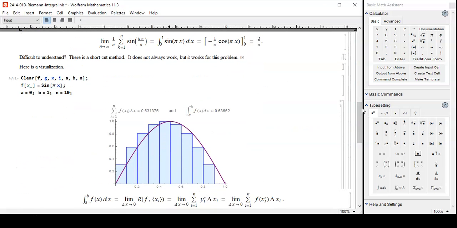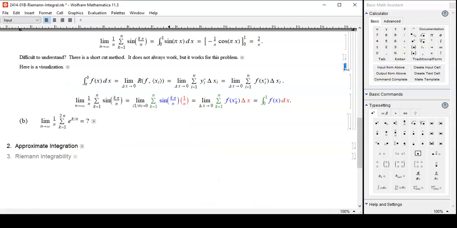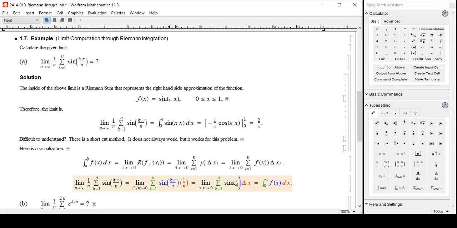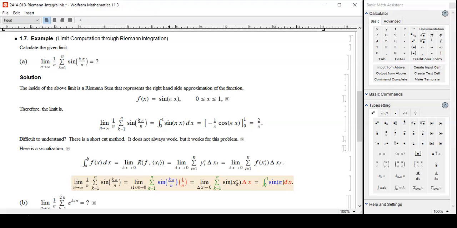In the end, therefore, this function turns out to be like this, and this one is sine of pi x.